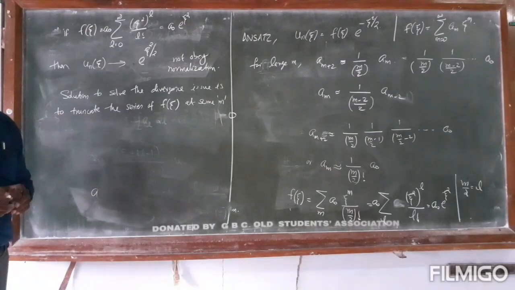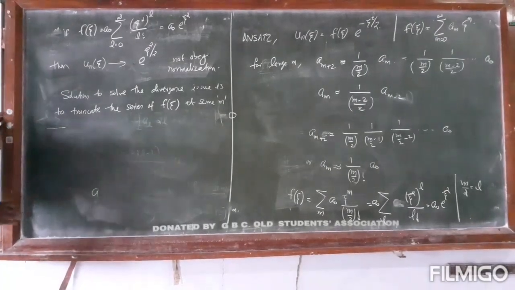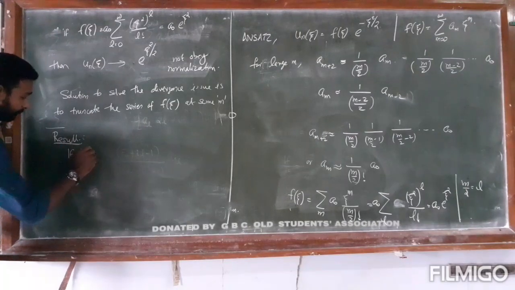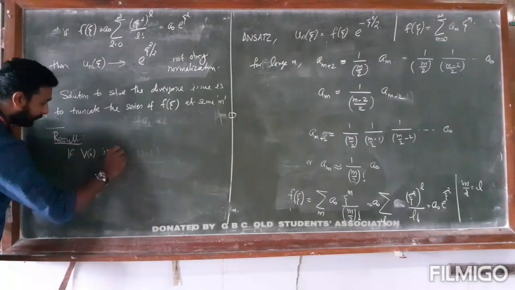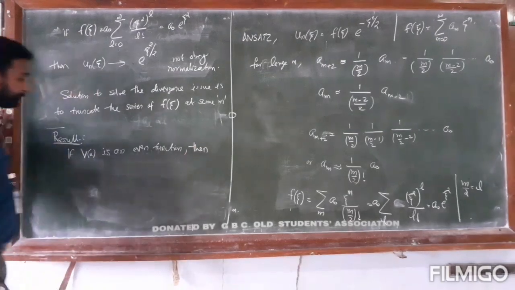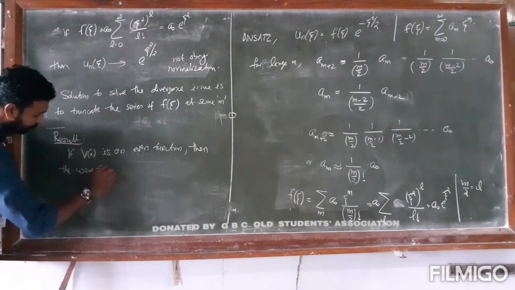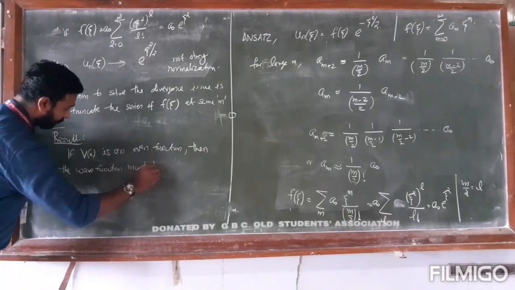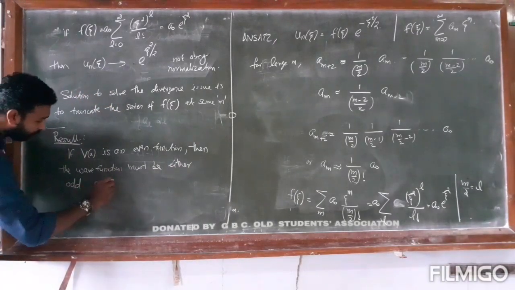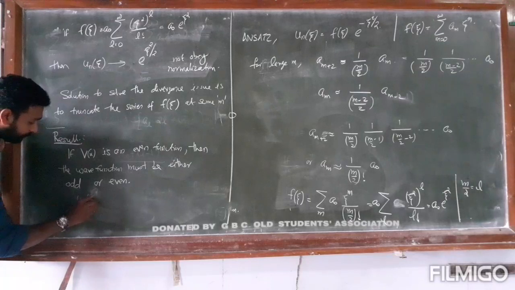So we have a small result: if V of x is an even function, then the wave function must be either odd or even.